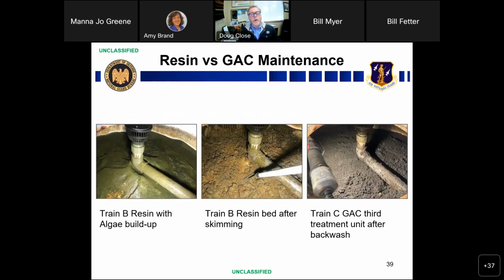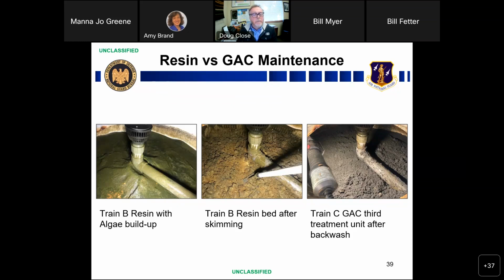So as a visual, I wanted to put this up with photos because the pressures that we've been talking about and the impact on the resin material is what you're seeing in the left-hand photo. Over time, our pre-filtration equipment doesn't catch everything.